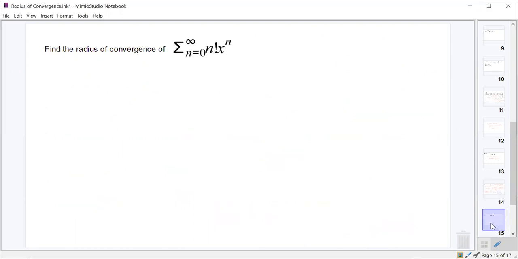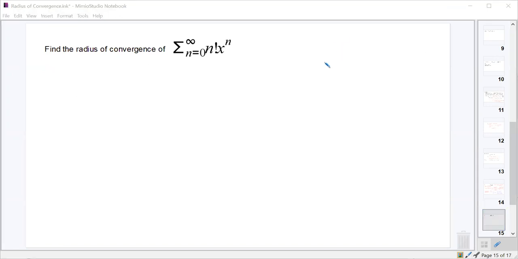Let's see if we can find the radius of convergence for n factorial times x to the n. So once again, the first thing we want to ask ourselves is, does this have all positive terms for any x value? And the answer should be no, exactly, right?